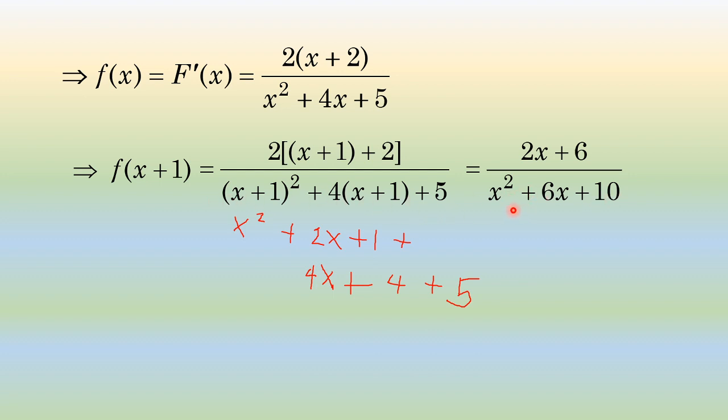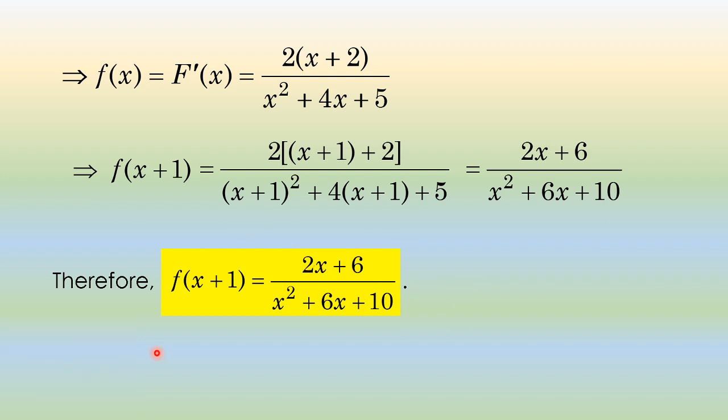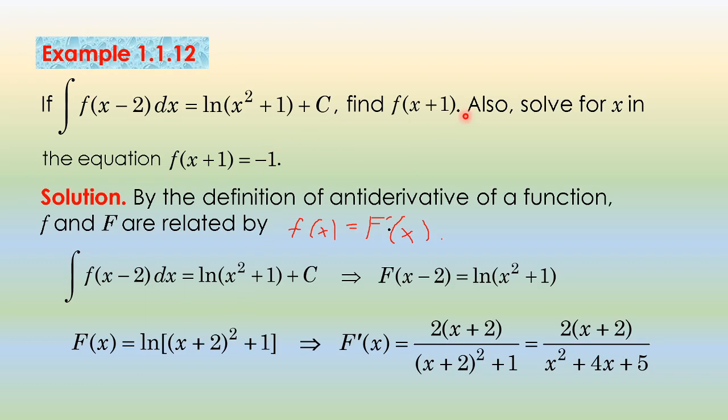So the denominator is simply x squared plus 6x plus 10. Therefore, we're done. So small f of x plus 1 is equal to 2x plus 6 all over x squared plus 6x plus 10, which is what we want. So we're done with this.